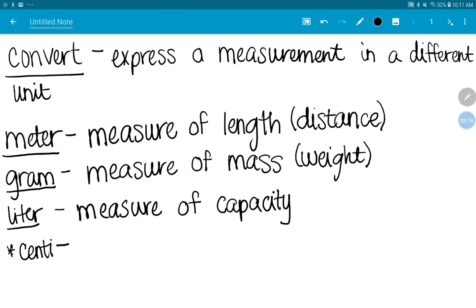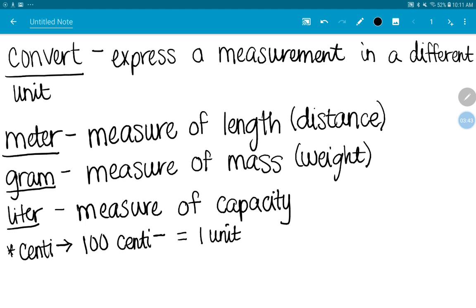And if I add centi to the unit, how many centimeters does it take to equal 1 unit? It takes 100 centimeters, or whatever unit we're using, to equal 1 of the base unit.